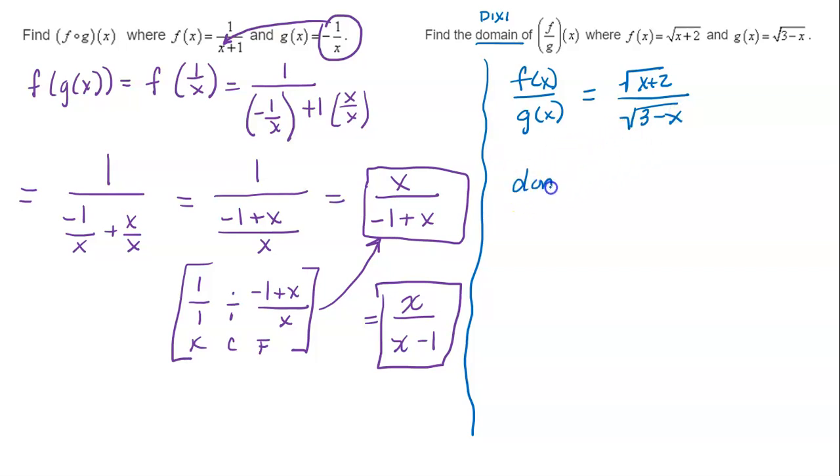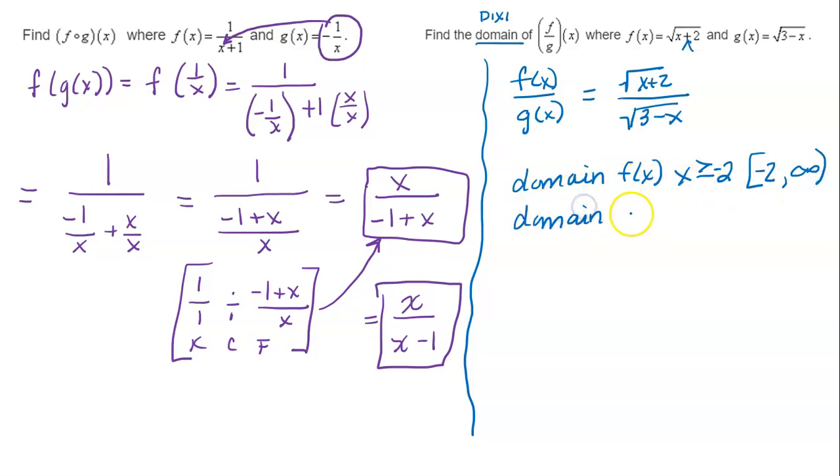The domain of f of x is that x has to be greater than or equal to -2, because whatever is under the root can't be less than 0. So it can be equal to -2, but it can't be less than -2. That's my domain of f of x.